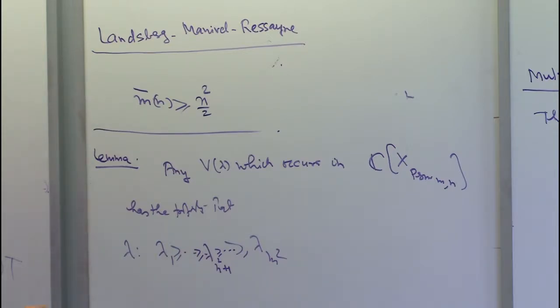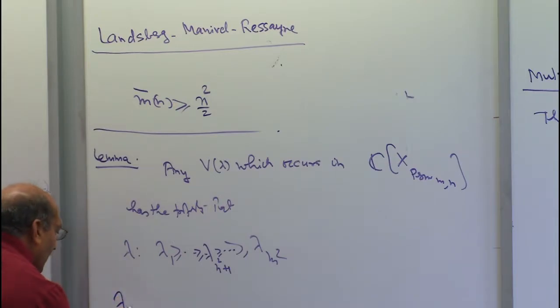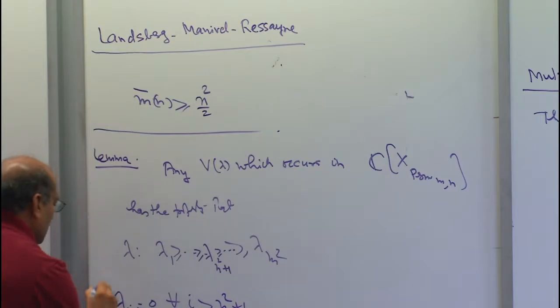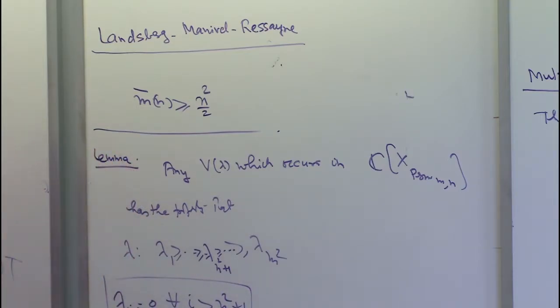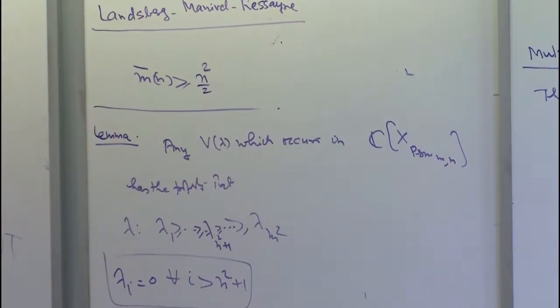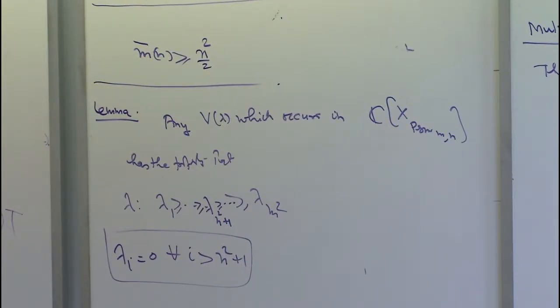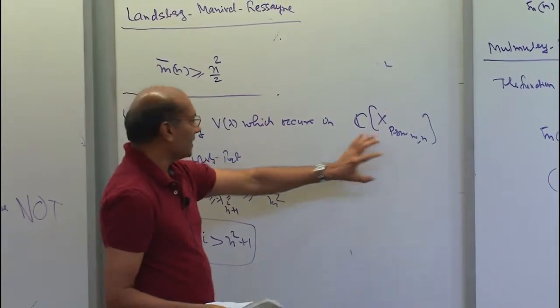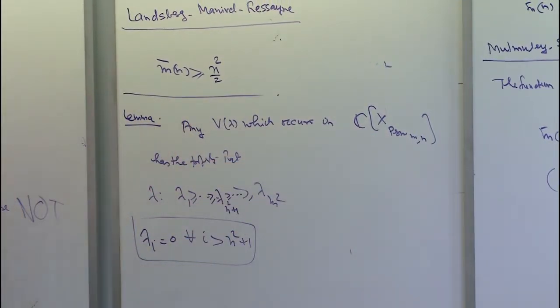So everything has the property that lambda i is 0 for all i bigger than n squared plus 1. That's a fairly simple result. It does require a proof, but it's not terribly difficult. Anything which will occur on the permanent side will have this property.